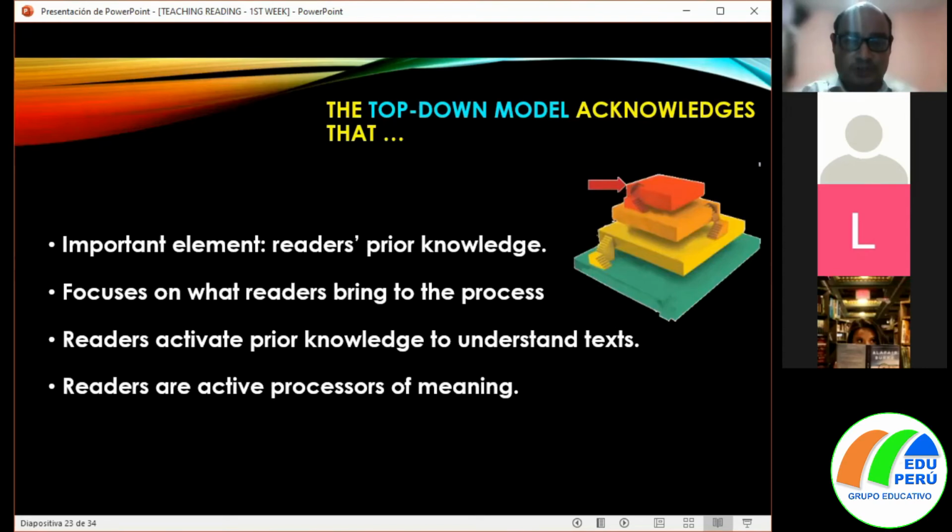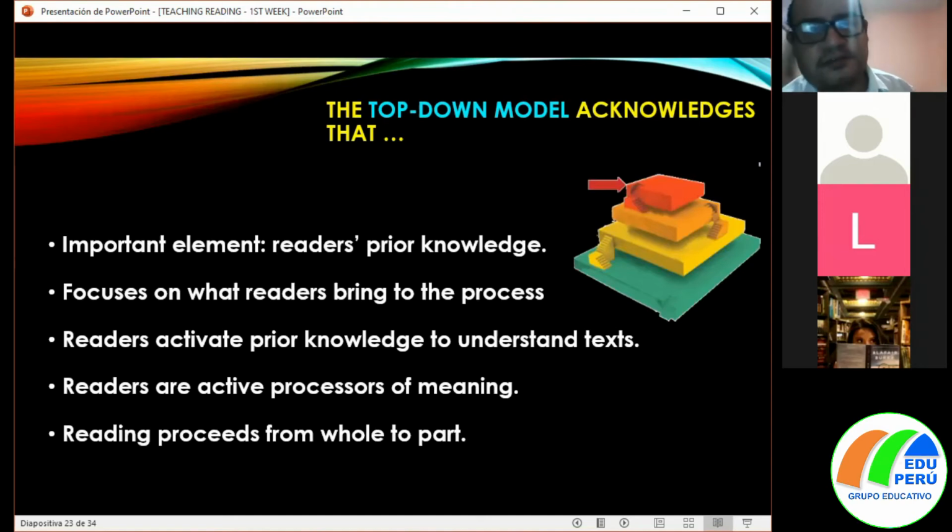They are going to use their prior knowledge and compare it to the information that they are going to read. They are reading, and they are going with this comparison. They are going to create hypotheses, reject hypotheses, confirm hypotheses. So the role of the reader is active, not passive.